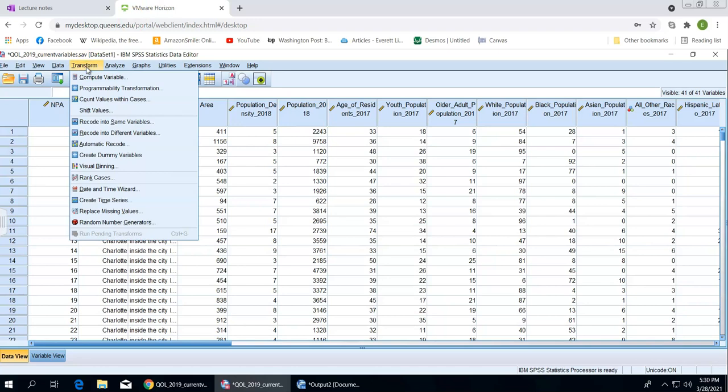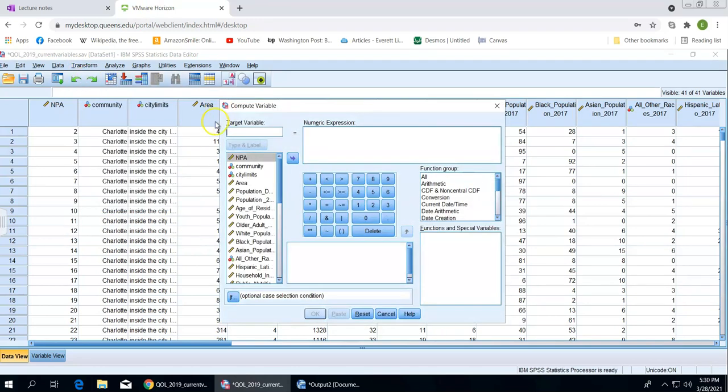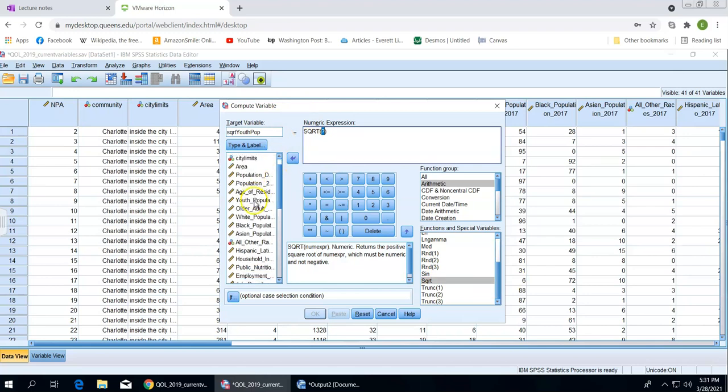And to do that, we would do Transform, Compute Variable, and something like square root youth population equals, and then SQRT, and then pick our youth population variable.